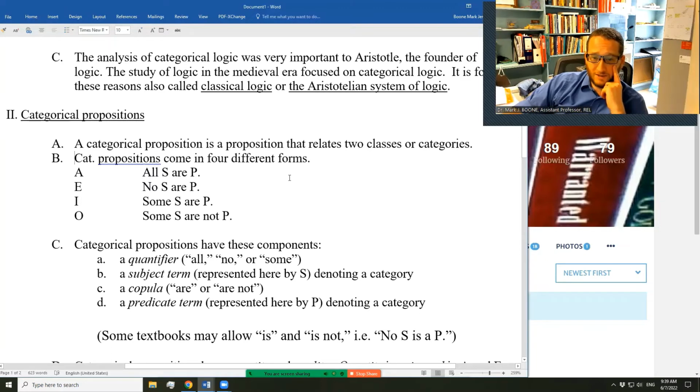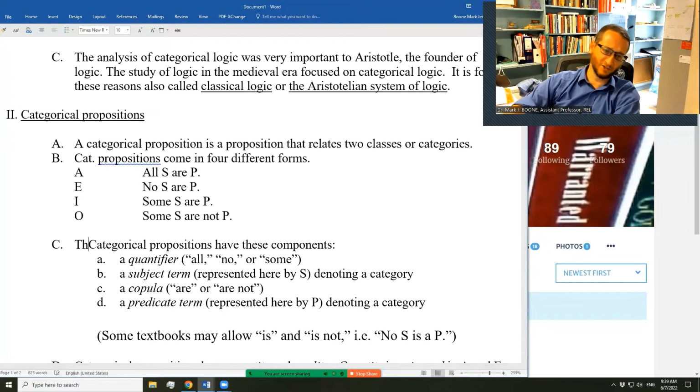Categorical propositions come in these 4 different forms. Note the structure of these forms when we put them into this standard form. Let me clarify that actually.